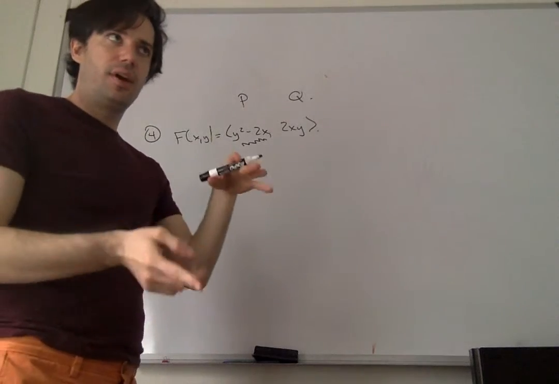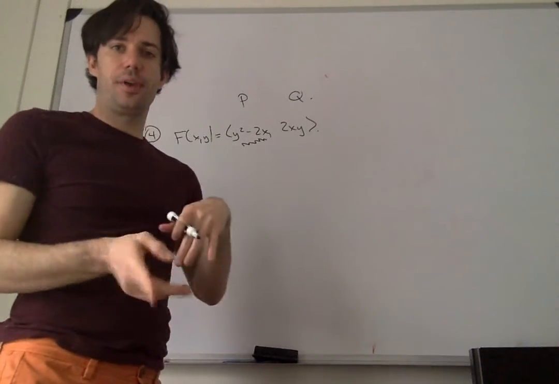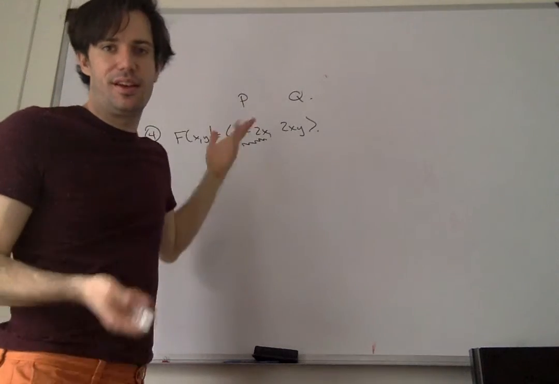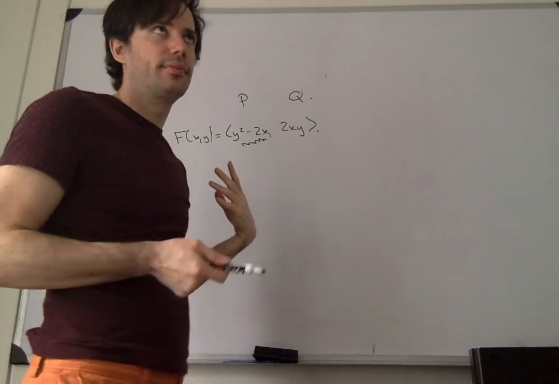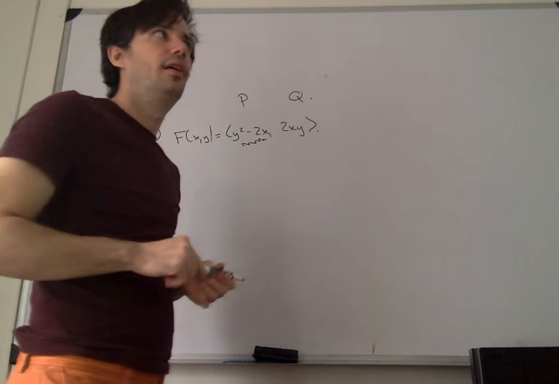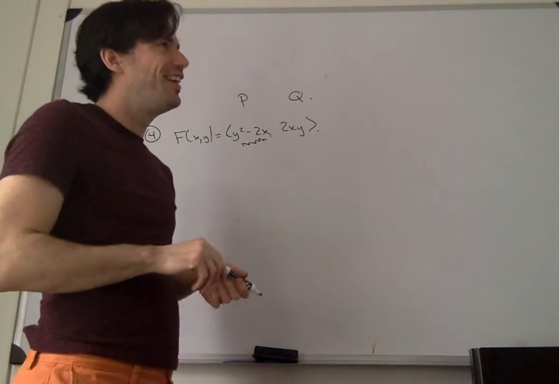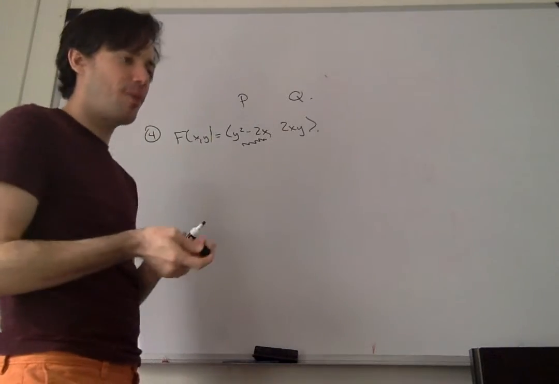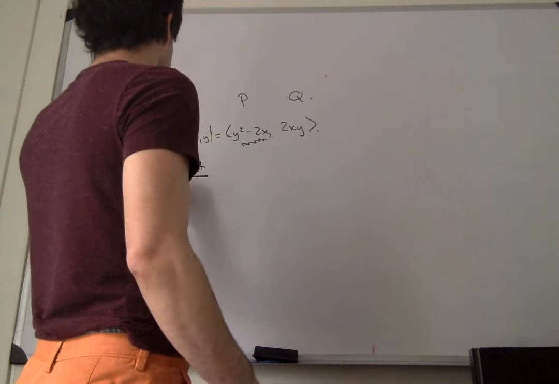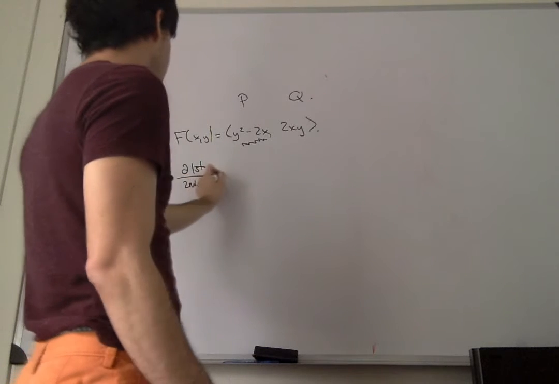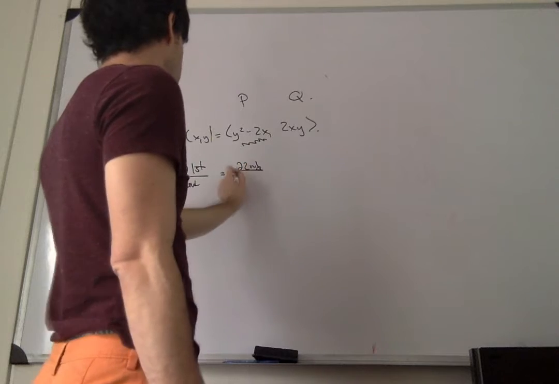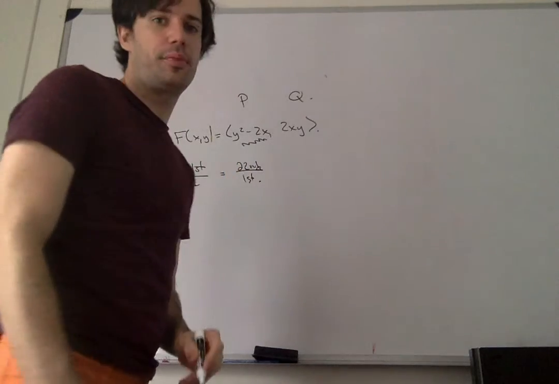If you think of x and y as being first and second, this is a mnemonic. We're going to take the derivative of first with respect to second, and this will have to equal the derivative of second with respect to first.